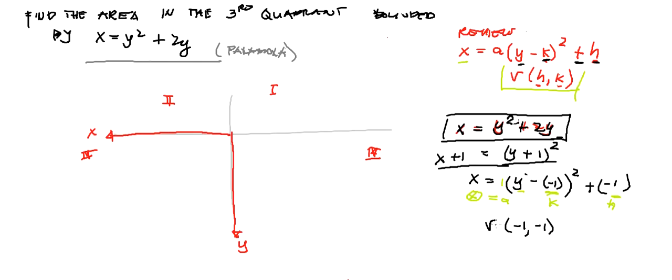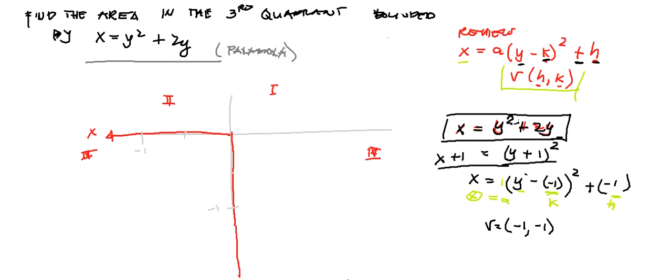This is our vertex. So let's plot it on our x and y axis. Say this is our negative 1, and this is also our negative 1. Let me extend my y-axis.